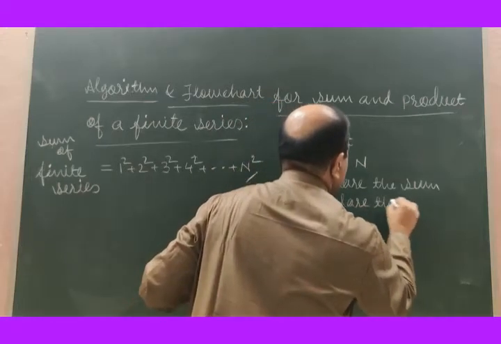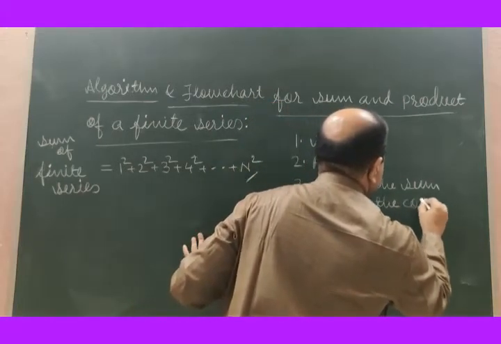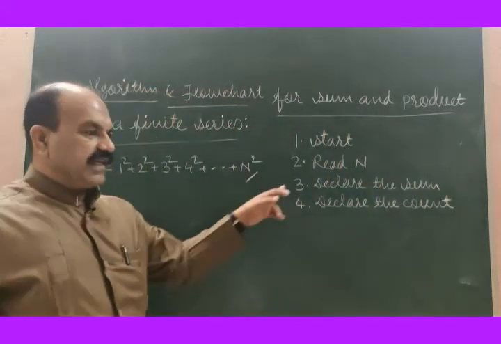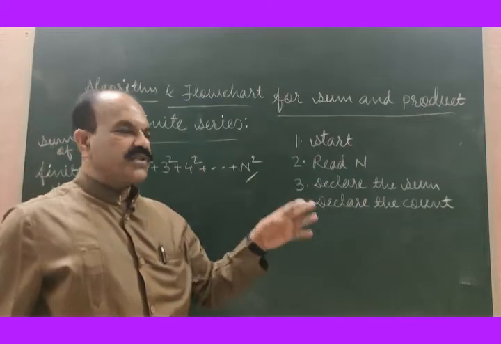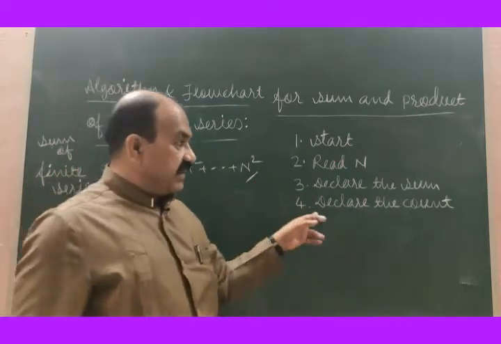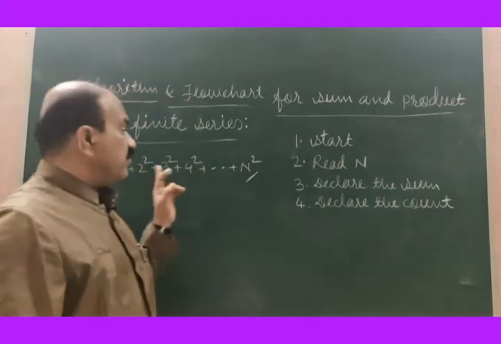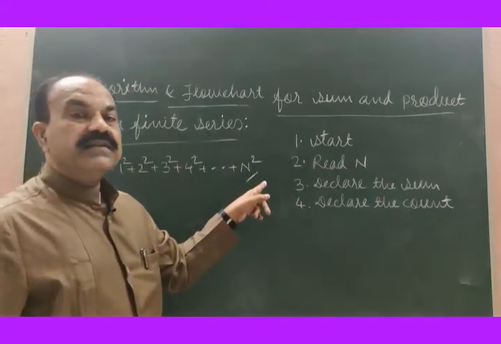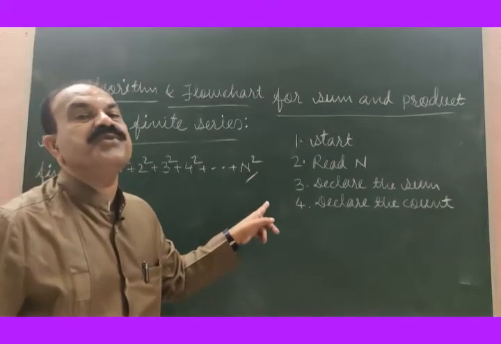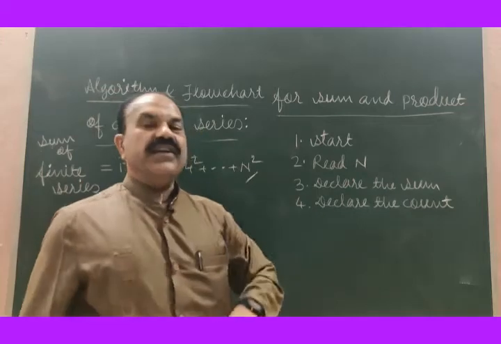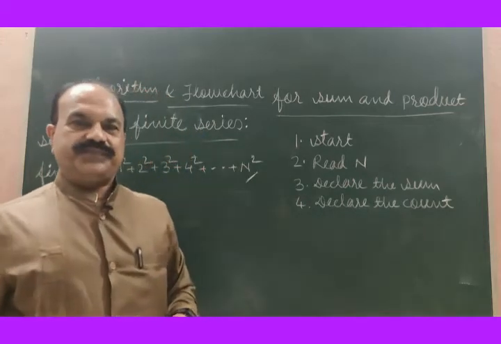Declare the sum. When we go for a sum, we have to declare and initialize the sum. And then declare the count. We have to count. n is the highest integer to be considered, so we have to count the integers, and therefore declare the count.